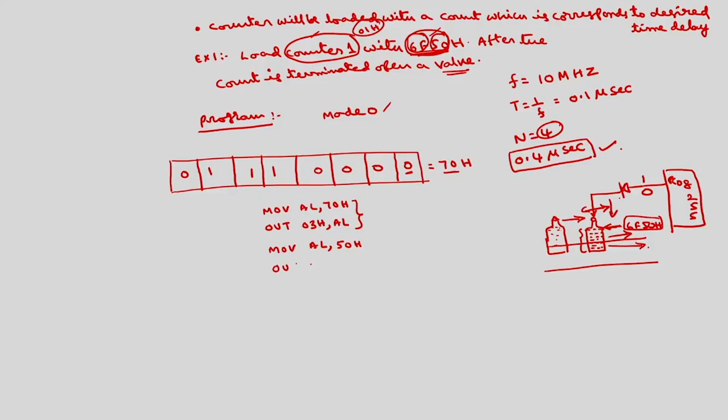OUT 01H, AL. This will load the lower order 8 bits of counter 1 with 50.